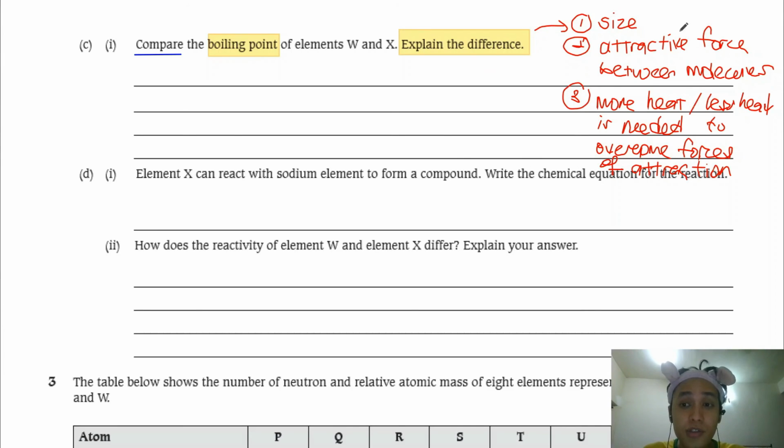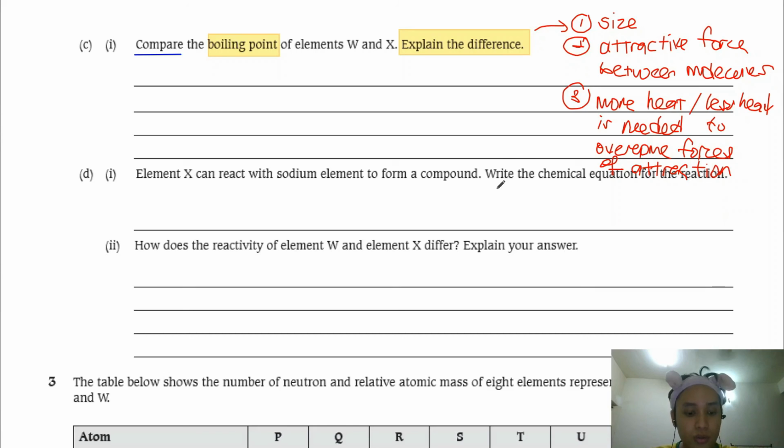So 3 points here, and your explanation will depend on these 3 points. If you say boiling point is higher, why higher? You are going to need more heat to overcome the forces of attraction.